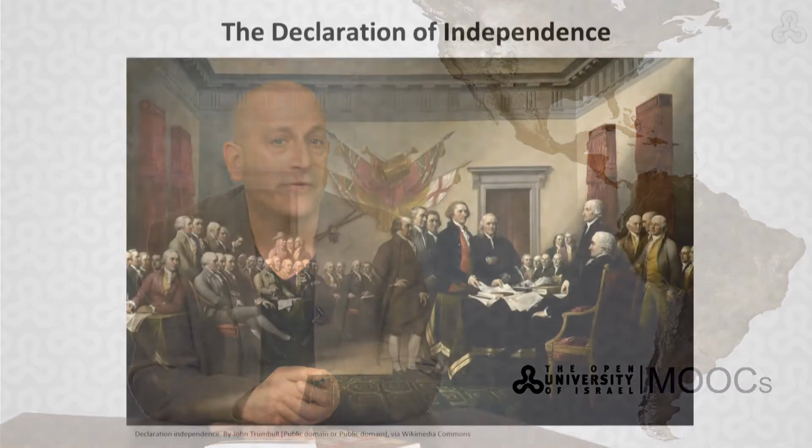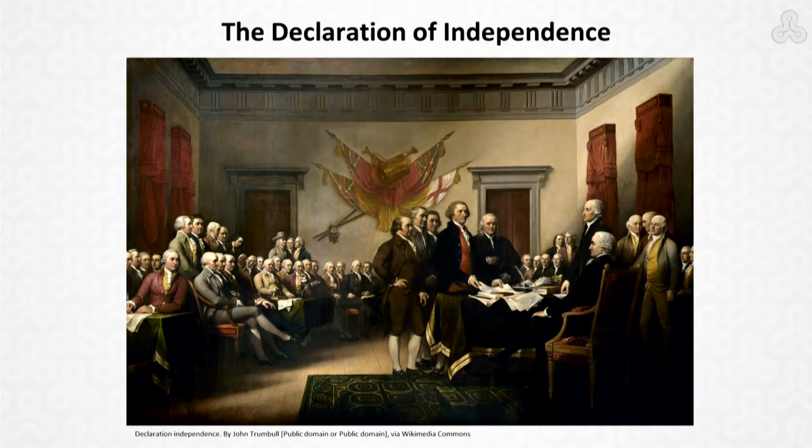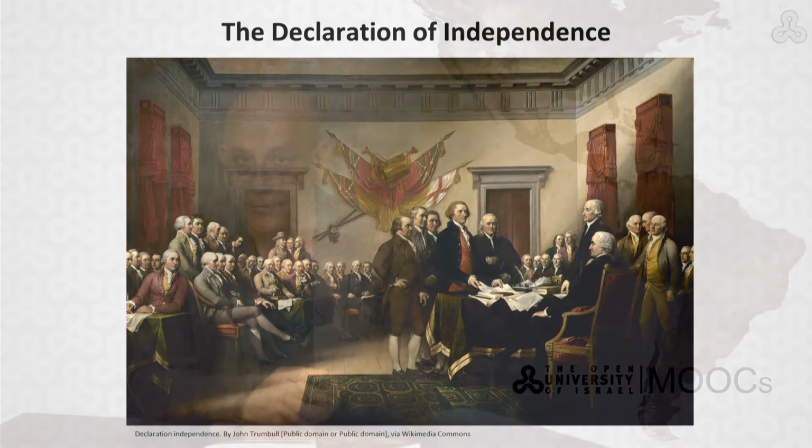These 13 colonies decided to rebel against the parent country, the UK, and on July 4, 1776, published the famous Declaration of Independence, written by Thomas Jefferson, a young 33 years old at the time, who would later serve as the third President of the United States from 1800 to 1808.